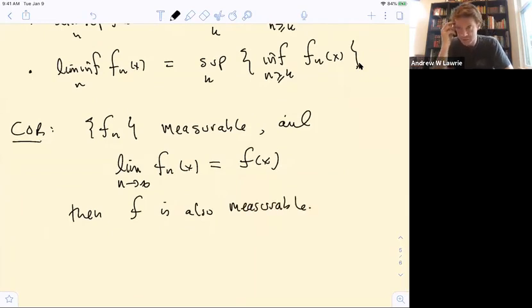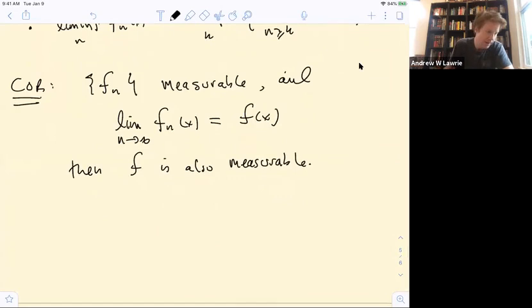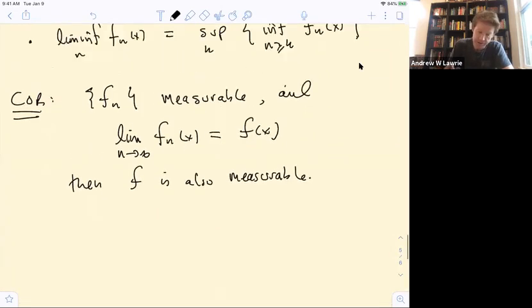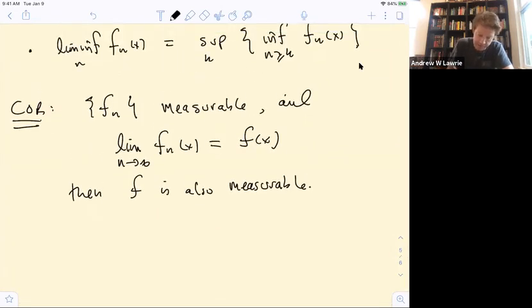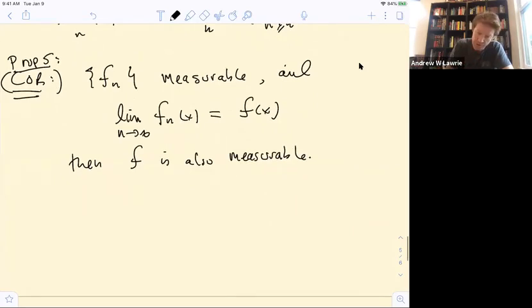So measurability is preserved under limits. This is immediate from the previous theorem because we know that the lim sup of a sequence is measurable, the lim inf of a sequence is measurable, and in this case it just so happens that the lim sup and lim inf are equal to each other. So this is property, maybe I'll call this property 5. No, property 4. Sorry, I think I lost count.